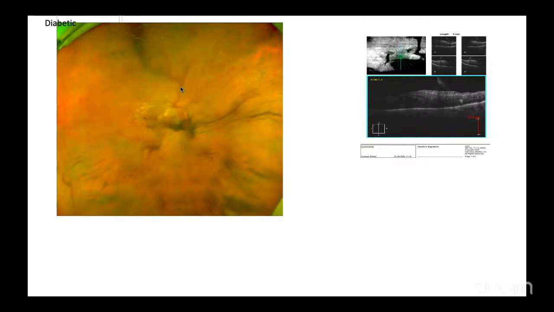And does PRP also cause an increase of macular edema? Yeah, there may also be an increase in macular edema. So you have to tell the patient that there will be a drop in vision also. So we may have to repeat the anti-VEGF again.